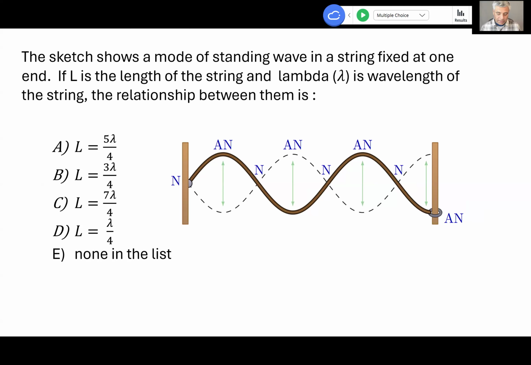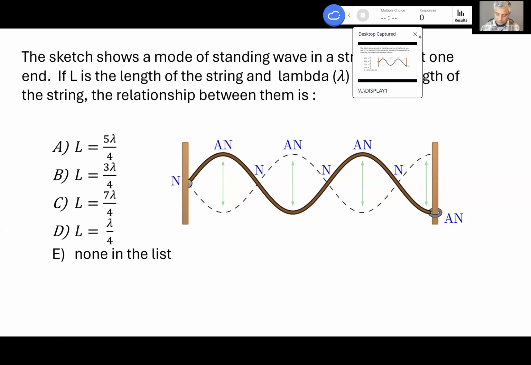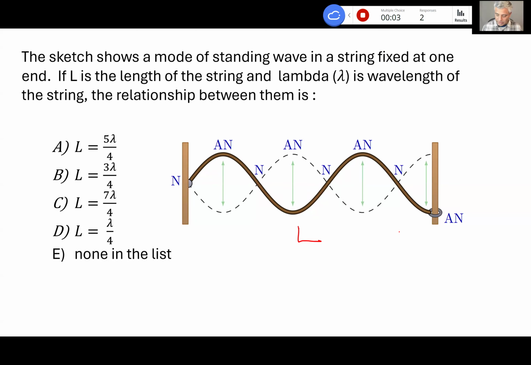So here is scales. So I'll let you pull on this. This whole thing is L, or length of the wire or string.